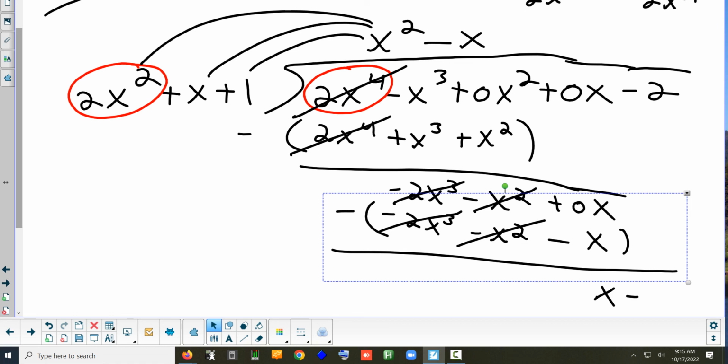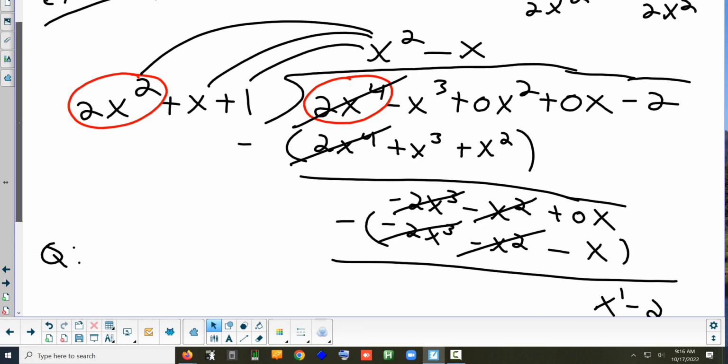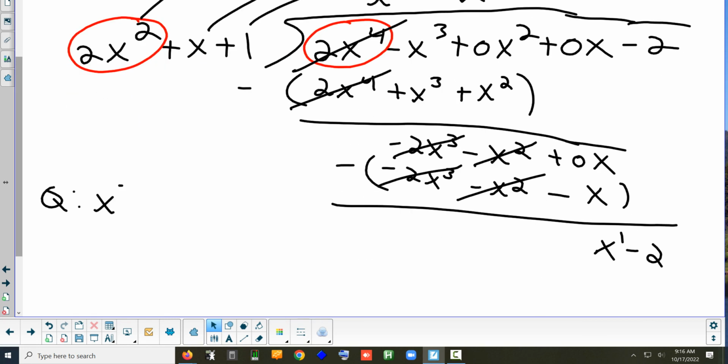And bring down the 2. What's the exponent on my x minus 2? 1. What was the exponent on the outside? 2. This exponent is now smaller than that exponent, and we're done. Just write your answer. So quotient, x squared minus x. Remainder, x minus 2.